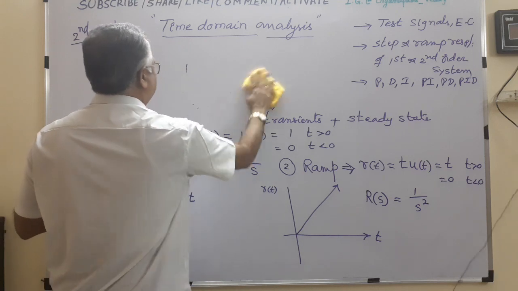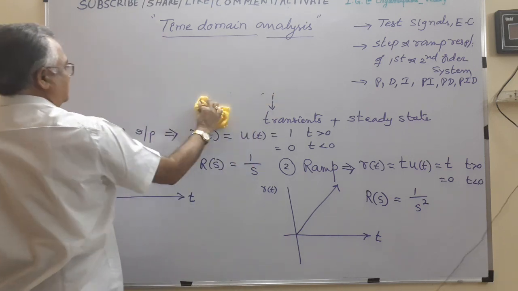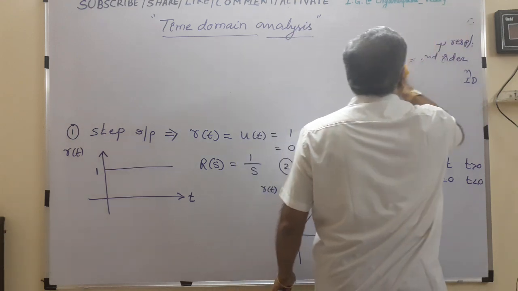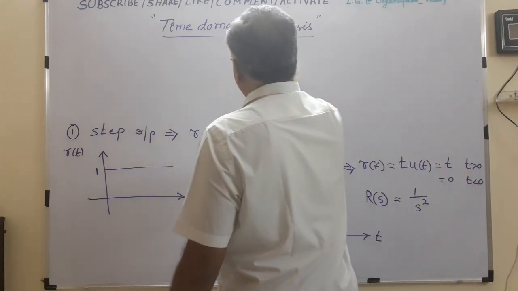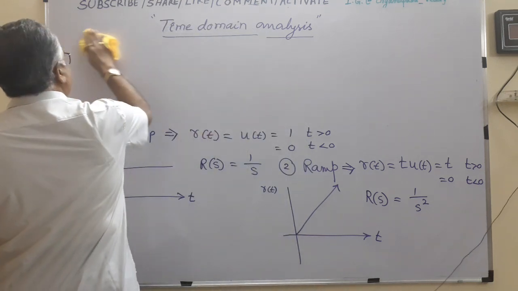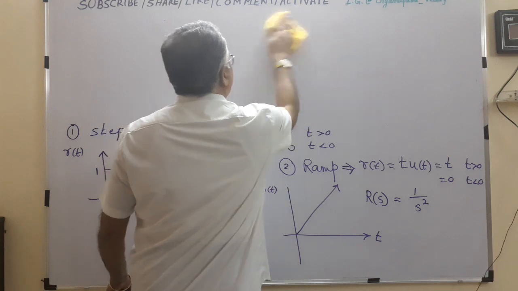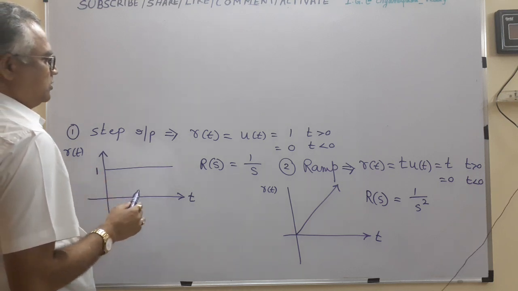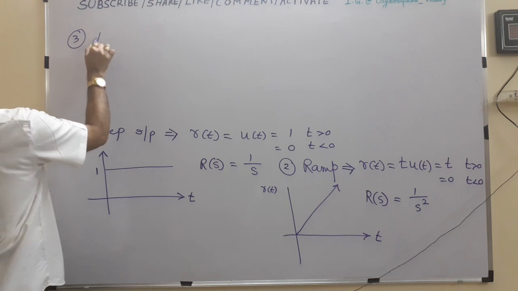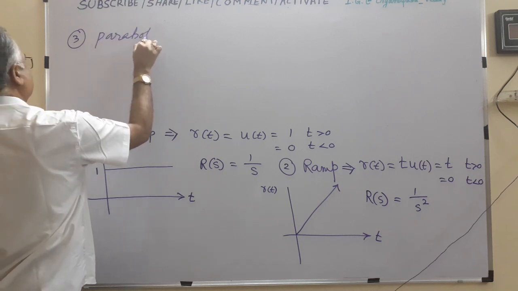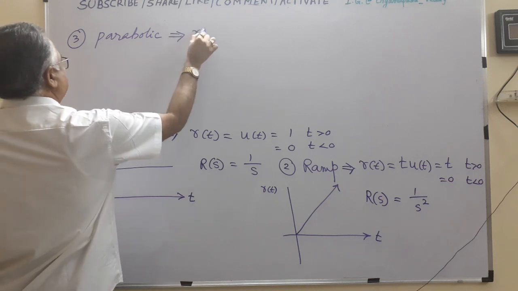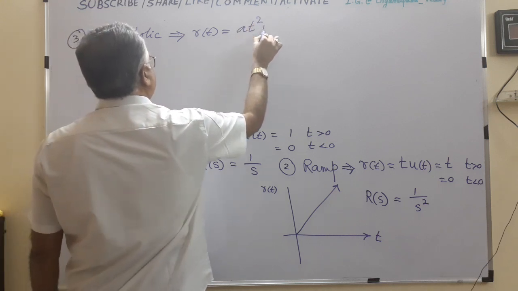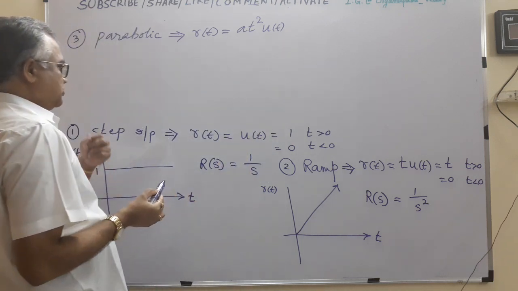The third test signal is parabolic. So that is r of t equal to basically a t square, the parabolic function.